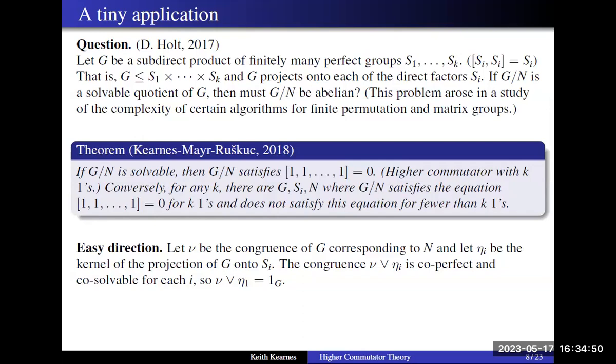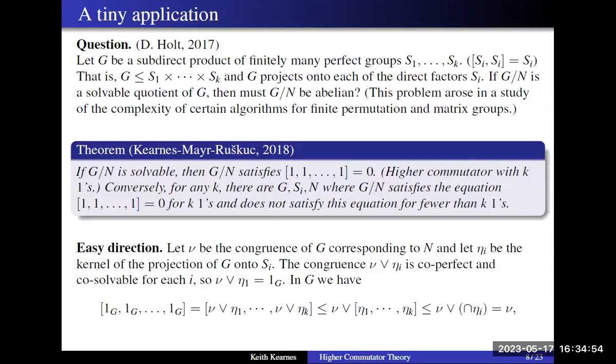And now I can compute the higher commutator this way. In G, 1 is equal to nu join A_i for all i. Okay? So I look at [1, 1, 1, 1, 1], the higher commutator. I replace each one, the first one with nu join A_1, the second one with nu join A_2, etc. Just replace all the ones with what they're equal to. Then I use these properties, the additivity property.